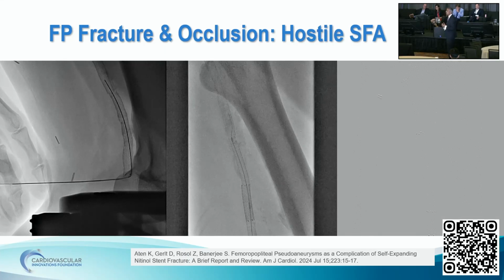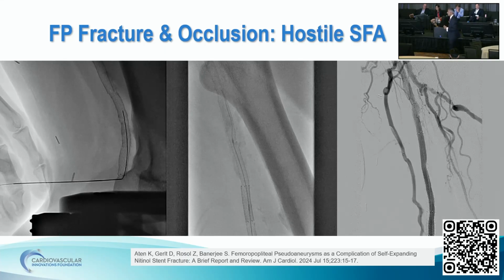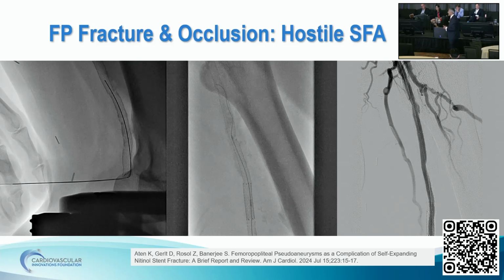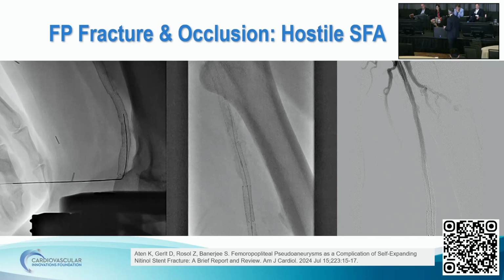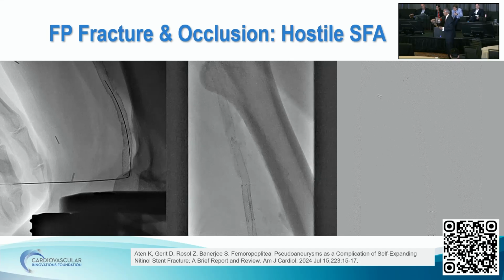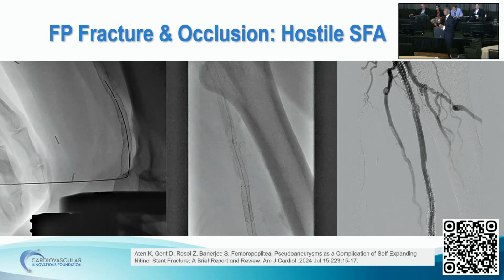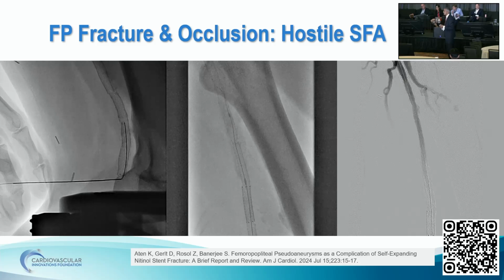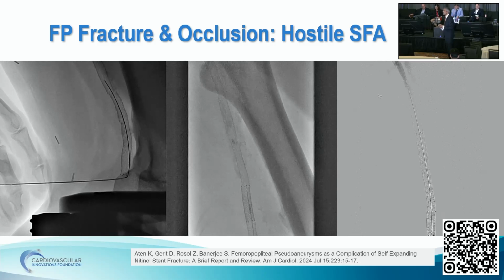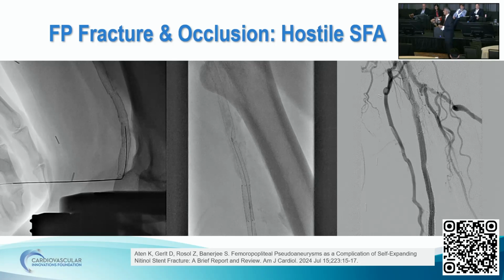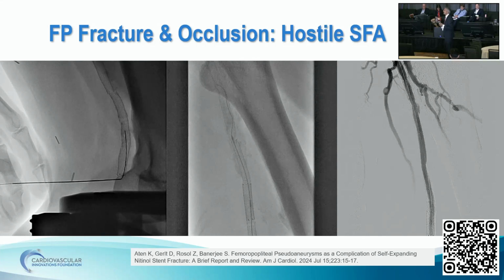I view in-stent restenosis cases of the femoral popliteal and below the knee as extremely hard cases. Just because you can see the vessel, treating them is very, very difficult because a posterior anterior view does not do justice. And once a stent is placed, not just crossing, but actually re-establishing an appropriate lumen becomes extremely challenging.